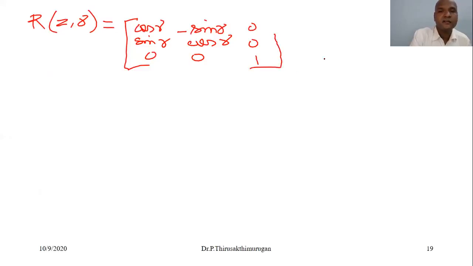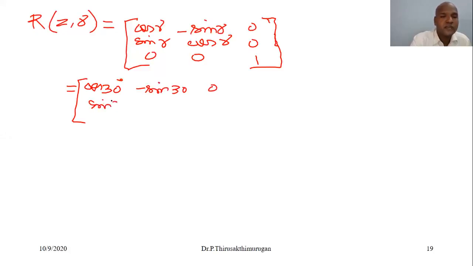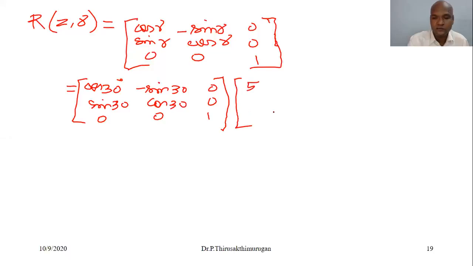Now substitute here: cos 30, minus sin 30, 0; sin 30, cos 30, 0; 0, 0, 1, multiplied by 5, 30, 10.